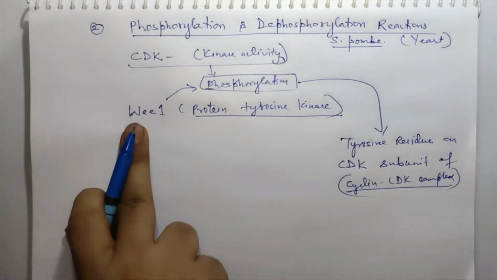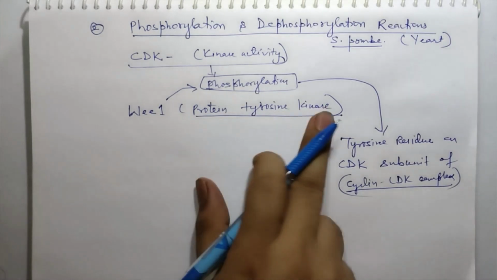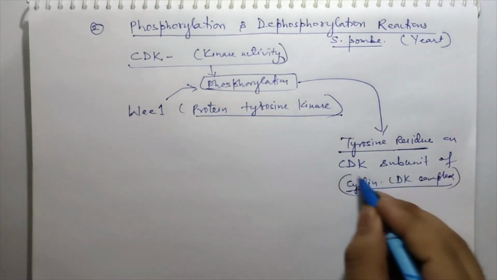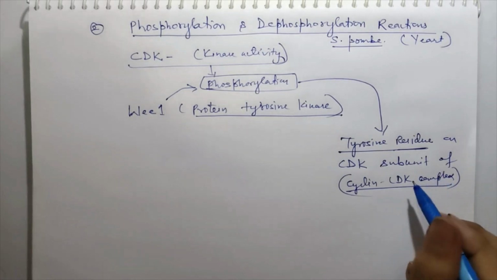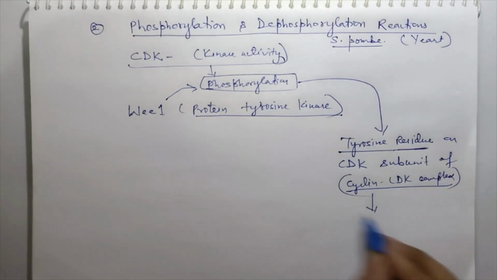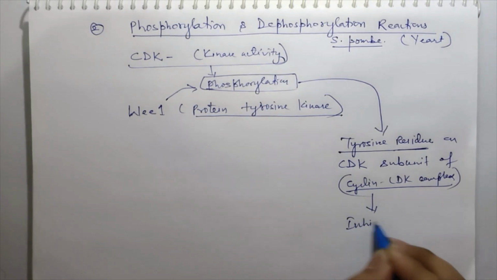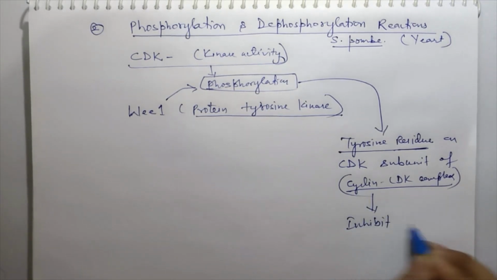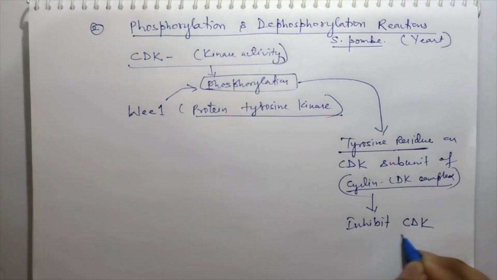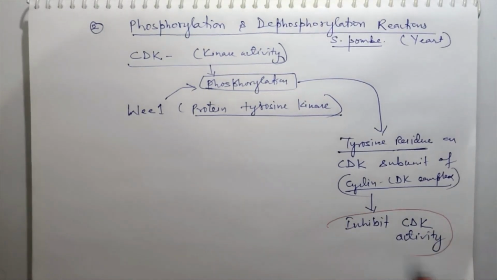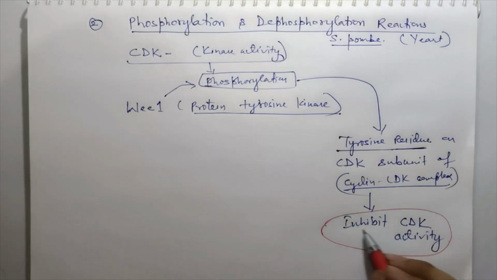When WEE1, a protein tyrosine kinase, phosphorylates tyrosine residues on the CDK subunit, the result is that it inhibits CDK activity. It means CDK is no more active for the cell cycle.